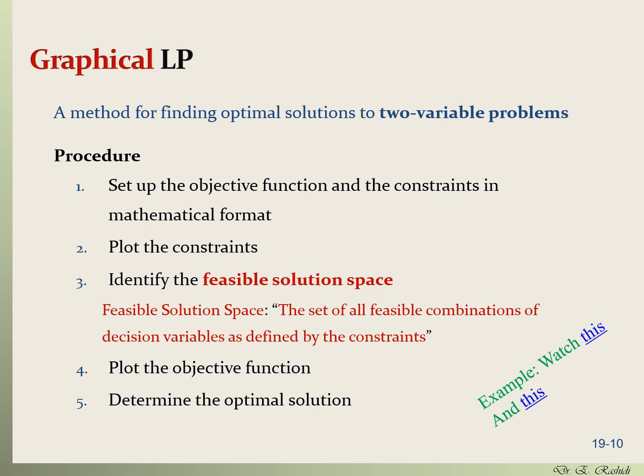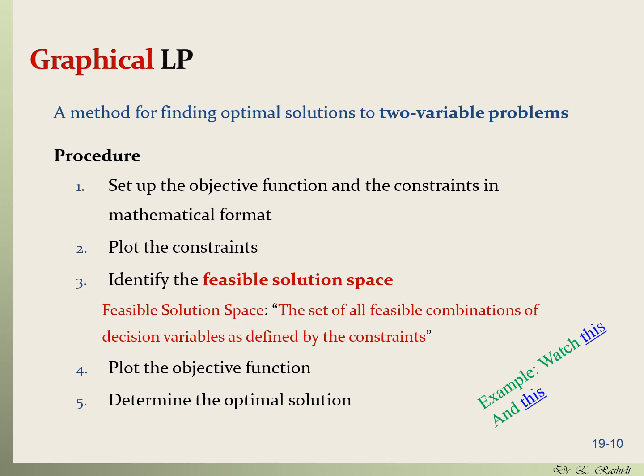The procedure is as follows. We set up the objective function and the constraints in mathematical format. This is already done. This is modeling. The second step is to plot the constraints. So we're going to plot using a two-dimensional space that we have here. We're going to plot x1 and x2 on the x and y axes, horizontal and vertical.